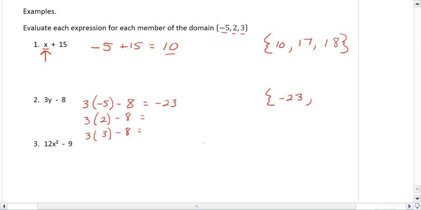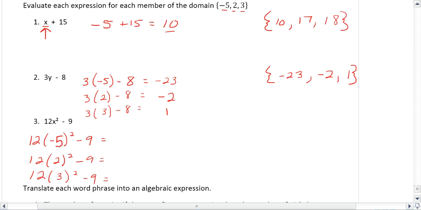The next element in the range, we put in the 2, and that would give us a -2. So I'm going to put that in the range. And then when we put in our third element, we put the 3 in here, we get a 1. All right, now let's put the 3 elements of our domain into example number 3.